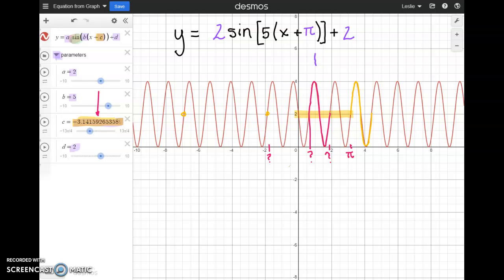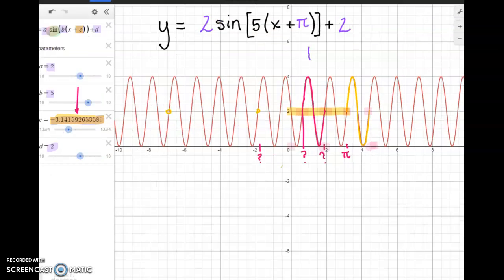In other words, I could make my c value whatever this is. It looks like about pi over 2. Could it be pi over 2? If I start here versus here versus here versus here, there are 4 different places to start. The fourth one of which is about pi, but the first one of which is not at 0.